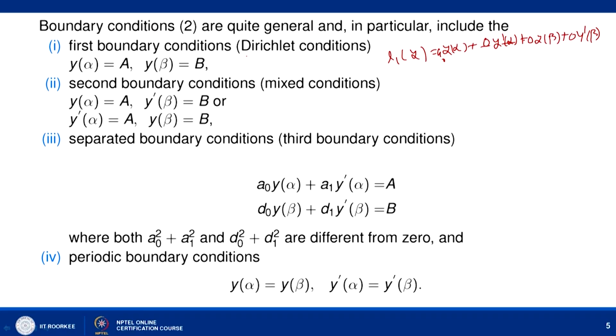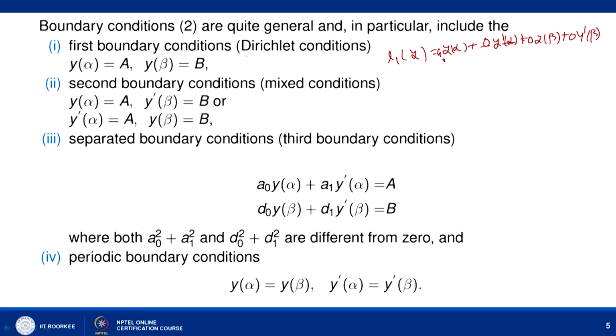So, y alpha equal to A, y dash beta equal to B, or the other way, y dash alpha equal to A, which means at x equal to alpha your derivative is given a particular value and at the other end the function is given a particular value. So, this is your second boundary condition, or we say mixed condition.